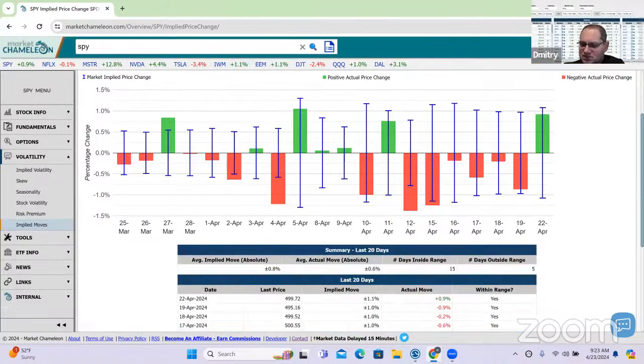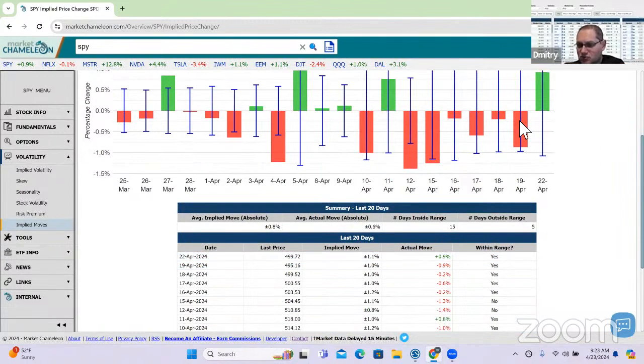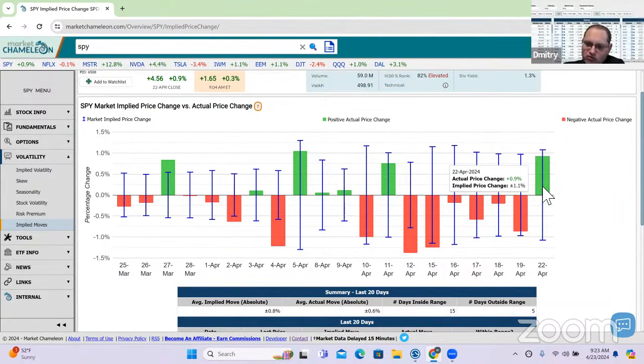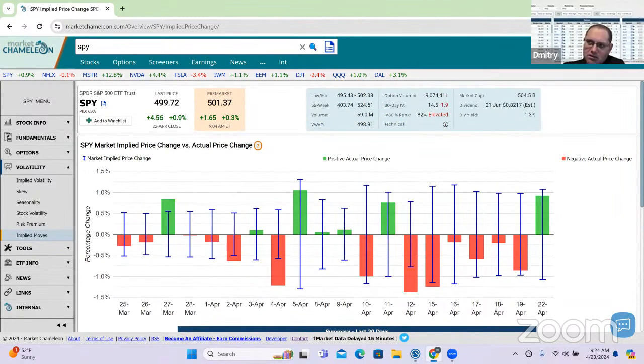Then we have these stats here: how many times it was within range, how many times it broke out, like over here, where the move went beyond the implied move. And the question is, can we get an implied move for the next day before the end of the day? Was that it? Well, yes.